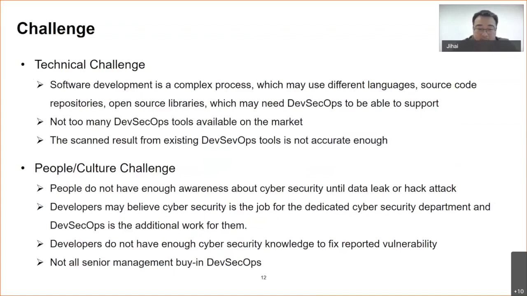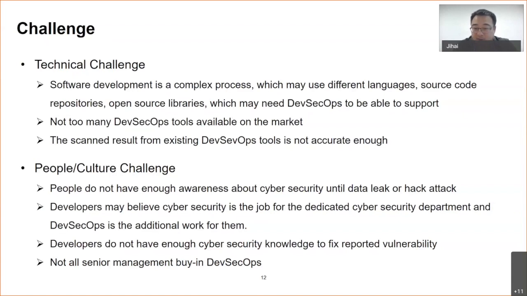And the last one, I think the most important one, is that there isn't much senior management support for DevSecOps. Similar to DevOps, if you promote DevOps from top to down, it becomes easier. And similar for DevSecOps, if there is no senior management to support you in promoting it, it's not easy to ask other people to do it.